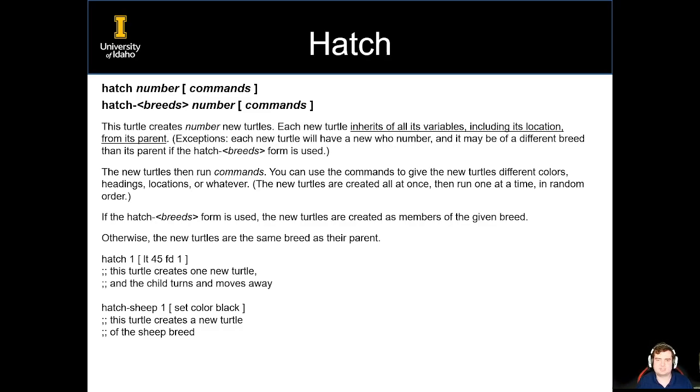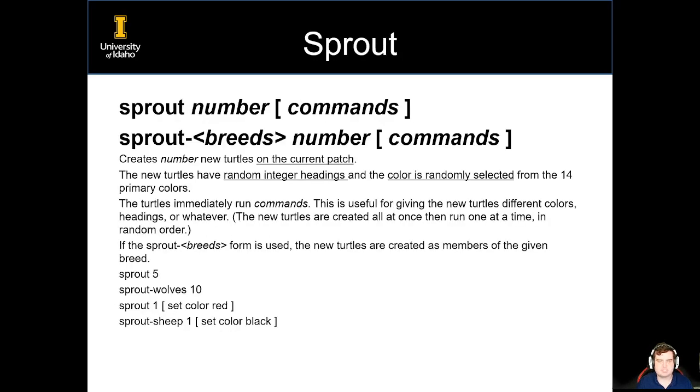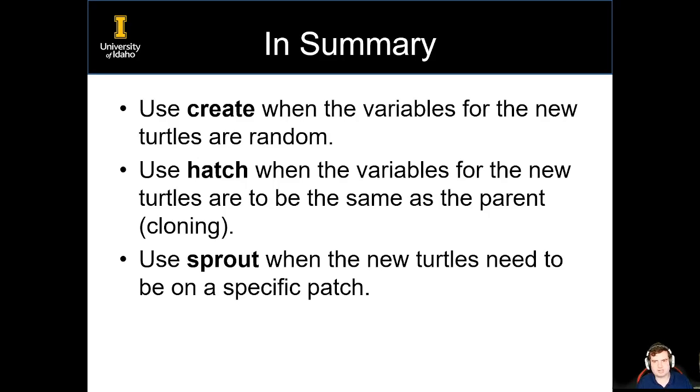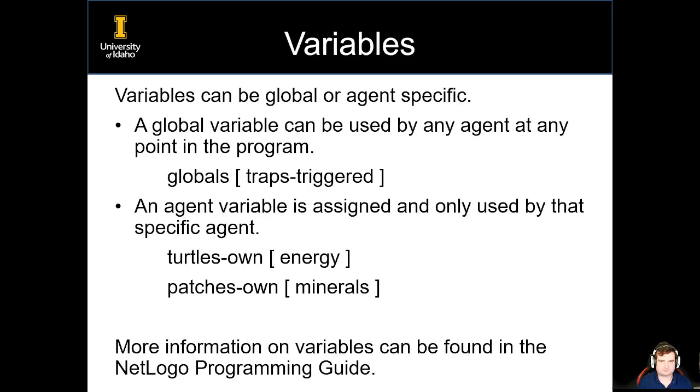So you just have to pay attention to something like that. Sprout creates new turtles on its current patch, and they have a random integer heading, and the color is randomly selected. You can use sprout-breeds, and they will be a part of that specific breed. So create is for when the variables for the new turtle are random, hatch is for when they need to be coming from the parent, like cloning, and sprout is for when we need them to be on a specific patch.